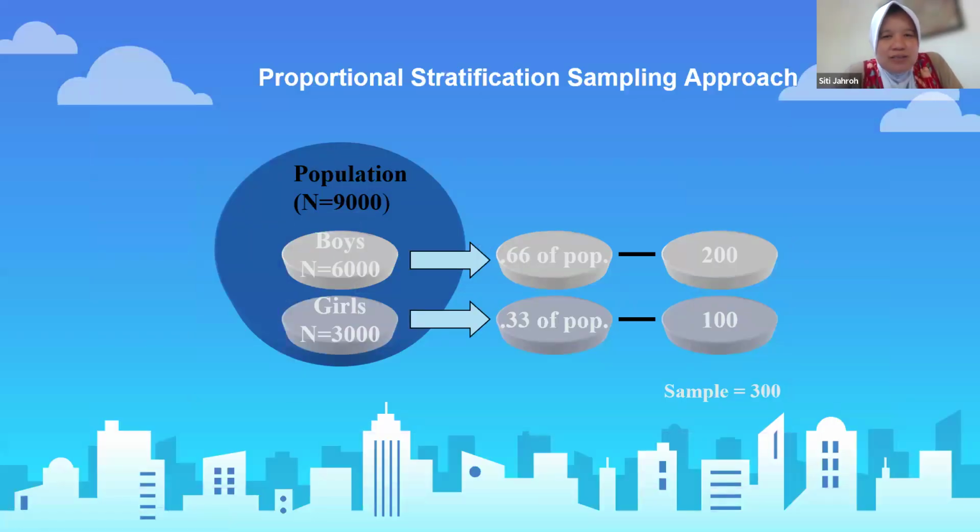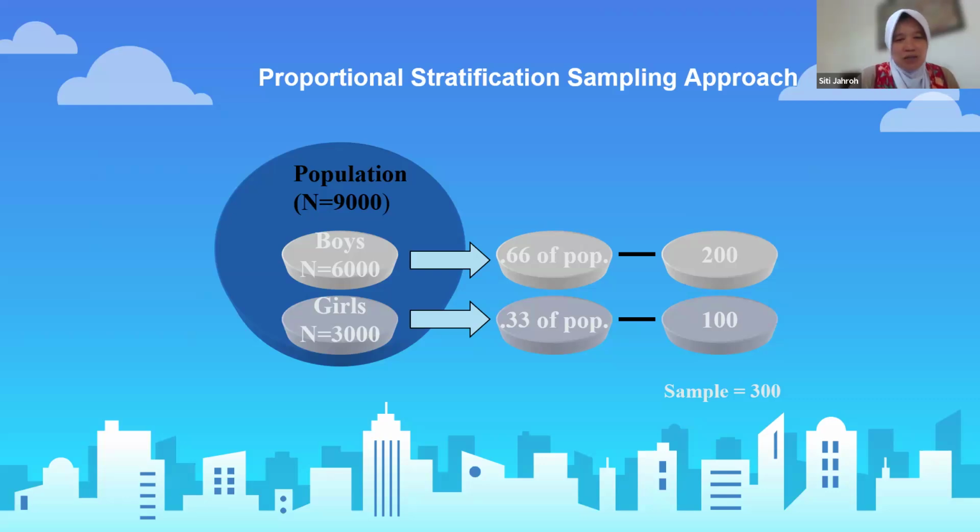So this is an example of stratification. From the population, you classify into female and male, and count how many of them.